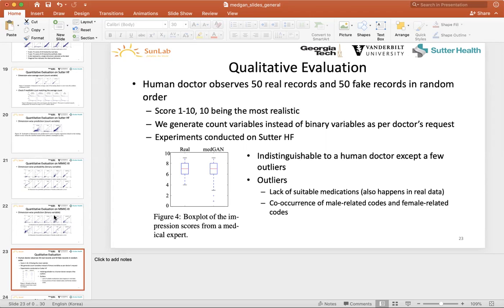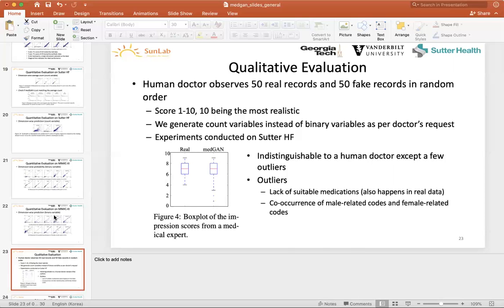Then we gave those 100 samples to the doctor and asked the doctor to assign a score. If a sample looks real, the perfect score would be 10. And if a sample doesn't make sense and looks fake, then 1 is the lowest grade that he or she can give.